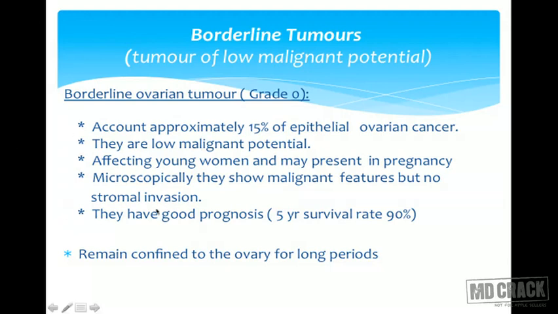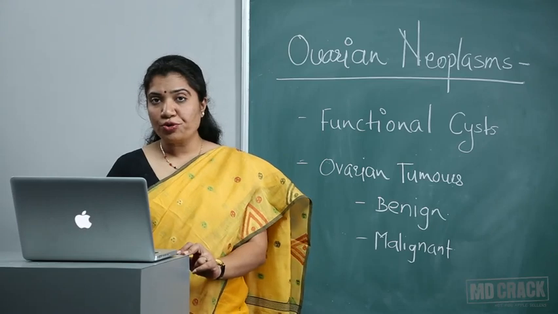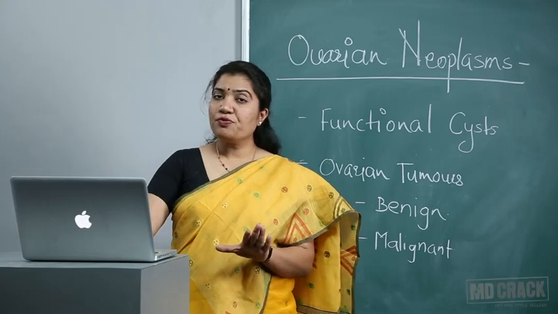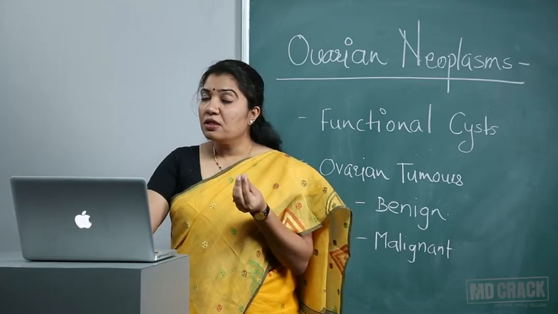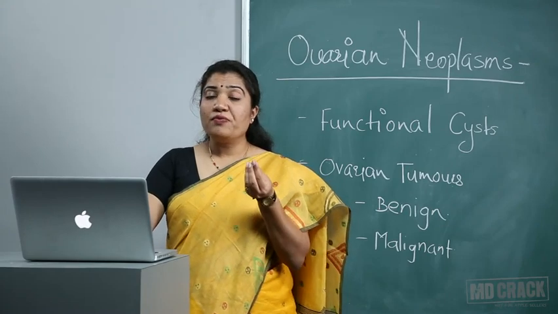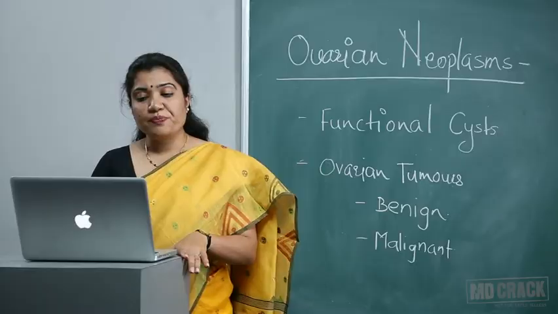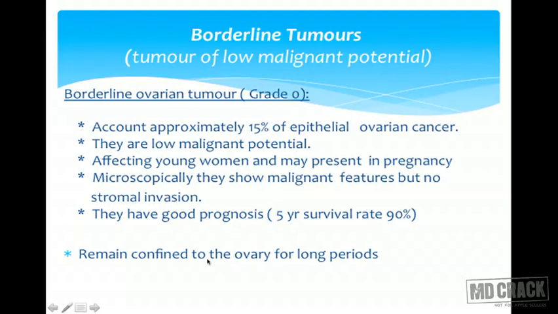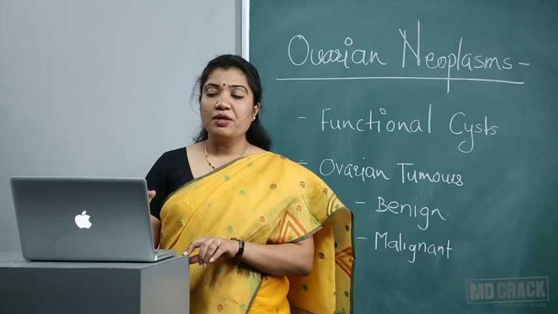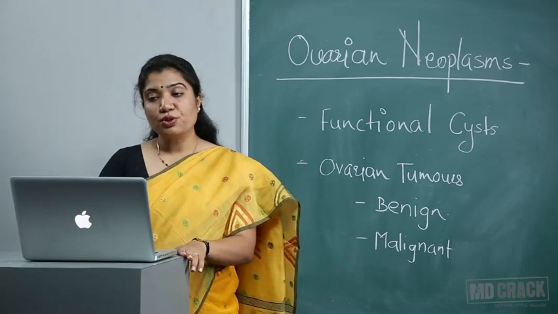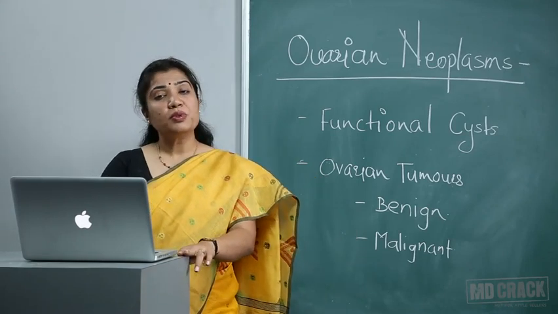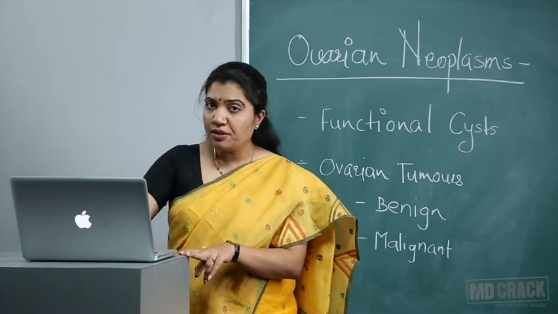Again, this is an important thing from the MCQ point of view, that they have features of malignancy like nuclear changes or even mitotic figures seen, but they never have stromal invasion. They have a very good prognosis. The 5-year survival rate is almost 90%, and they remain confined to the ovary for a long period of time. So for borderline ovarian tumor, the prognosis is good. They are the tumors with low malignant potential.